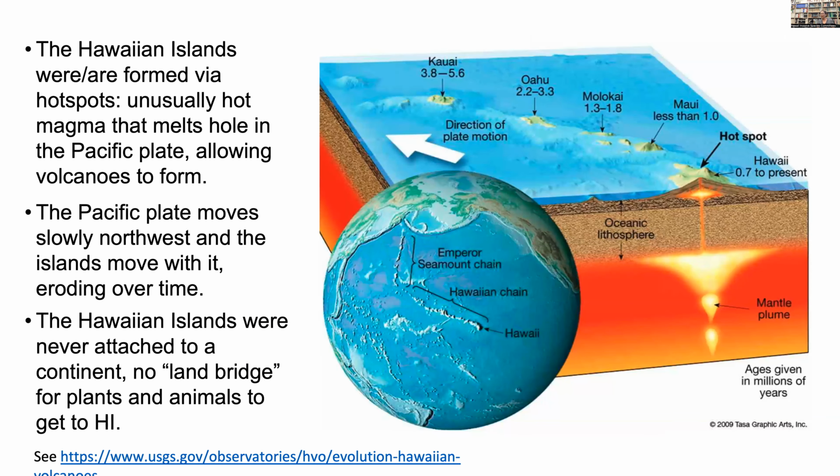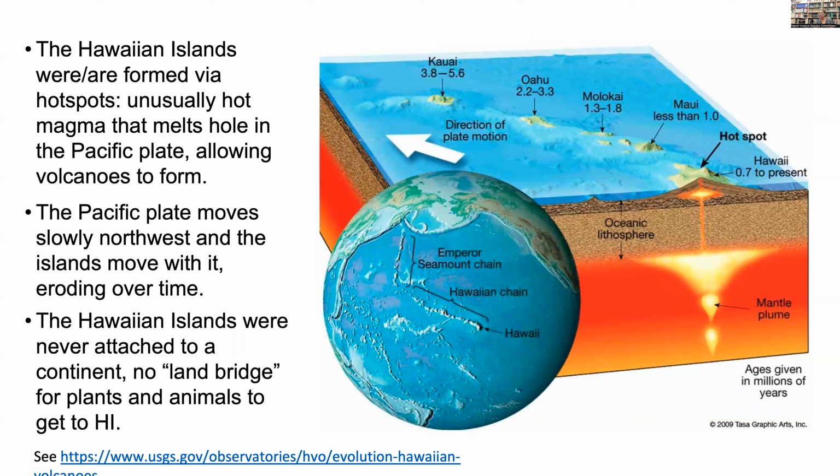Formation of the islands is important to understand because with other island groups across the world, sometimes they were originally attached to continents and they separated out. Sometimes there was a land bridge or whatever the other processes going on. For Hawaii it is quite different.